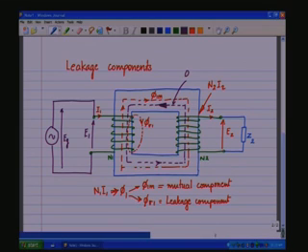Now, this flux we call phi 2 m due to N2 I2. But phi 2 m is the flux that flows through the core and links with the primary also.